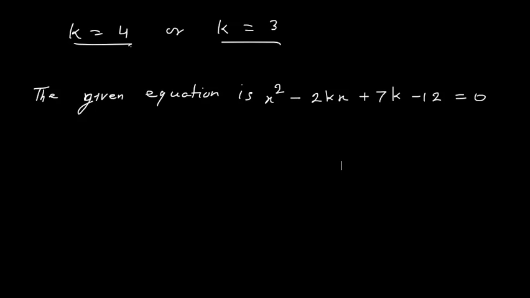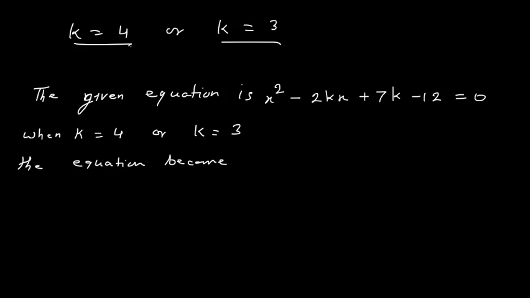So when k is 4 or k is 3, what will the equation become? x square minus, in place of k we write 4, so 4 twos are 8, so it is 8x, and then 4 sevens are 28, minus 12, plus 28 minus 12 is 16.